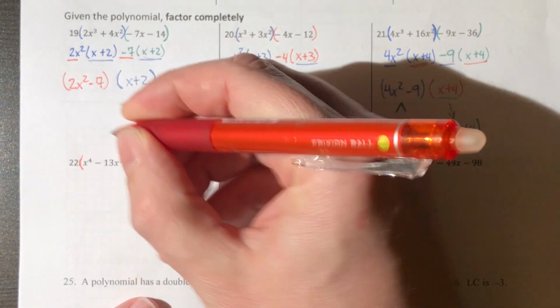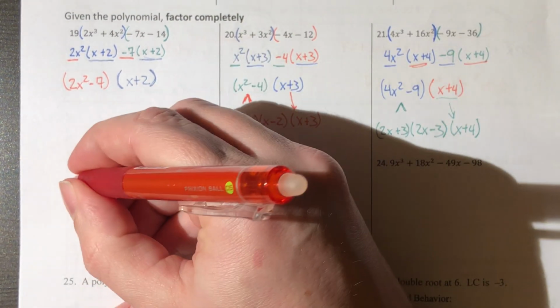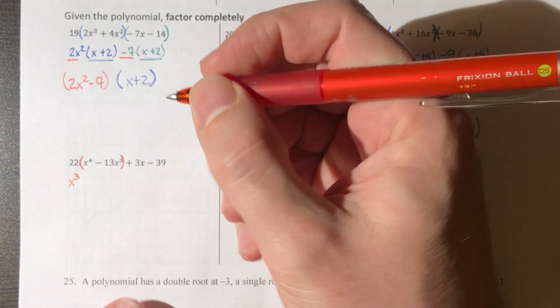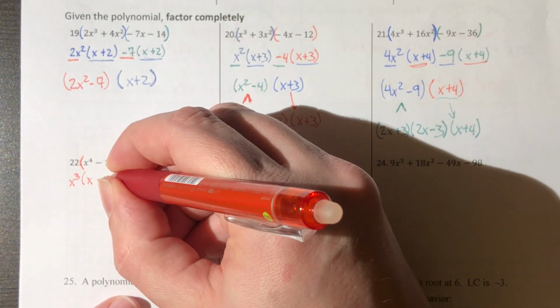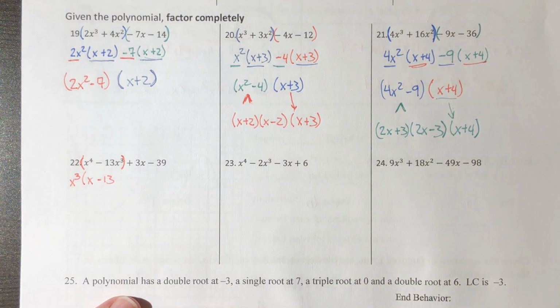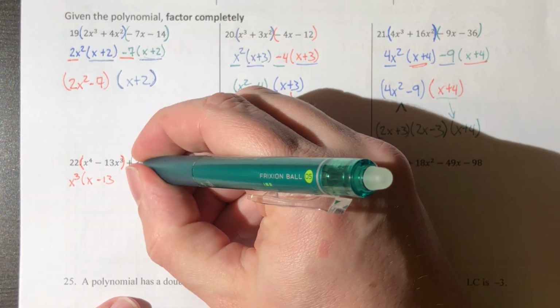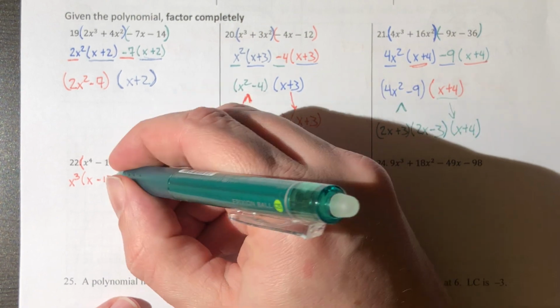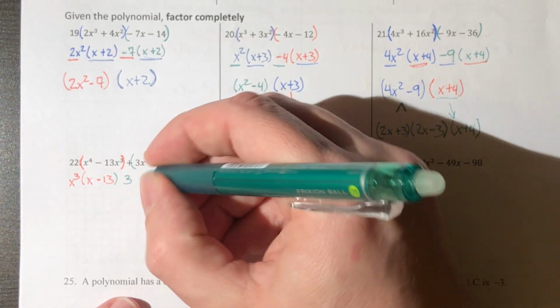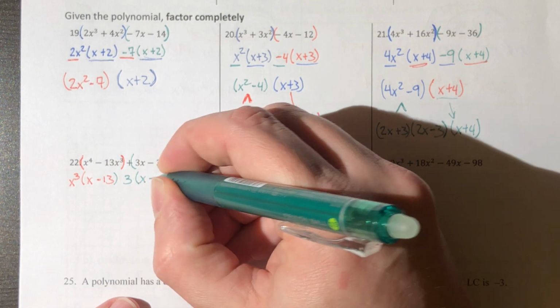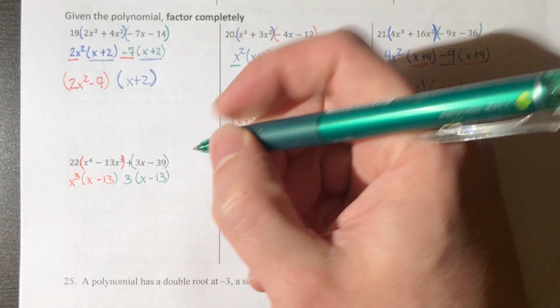For 22, I'm grouping these ones. These first two, I can pull out an x cubed, leaving me with x minus 13. Both of these, I can pull out a 3, leaving me with x minus 13.